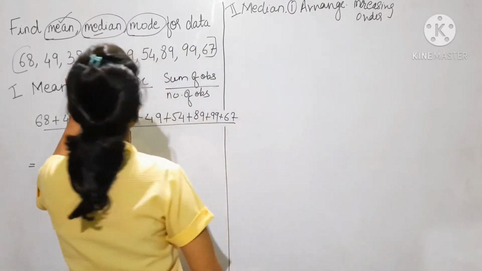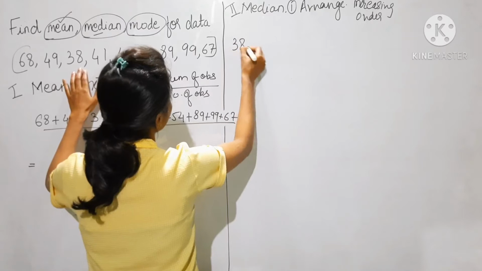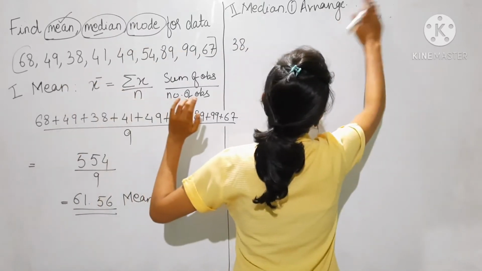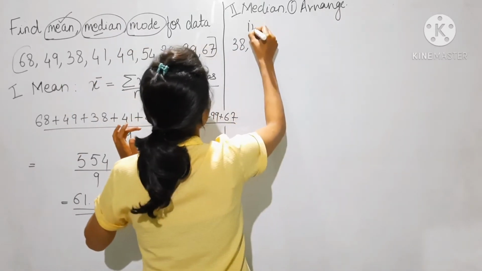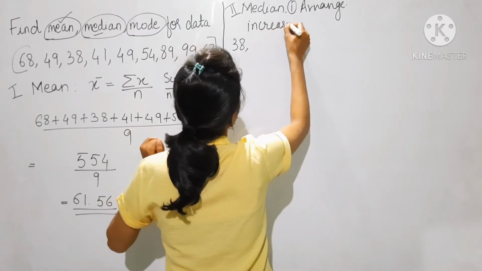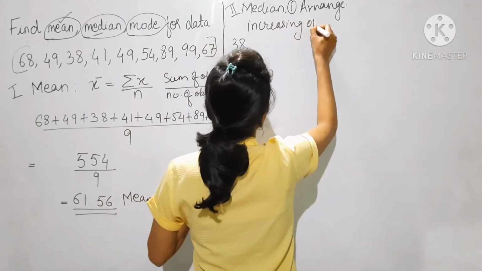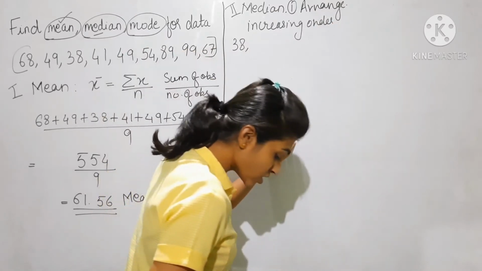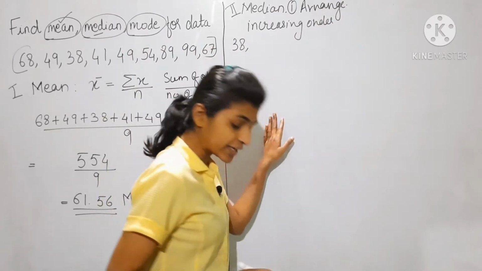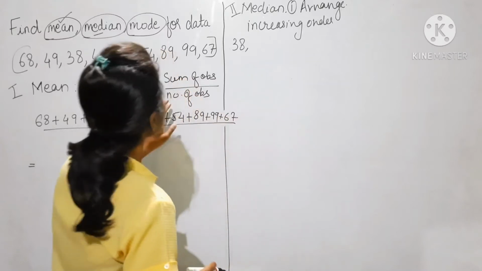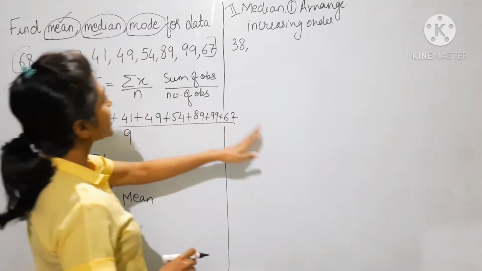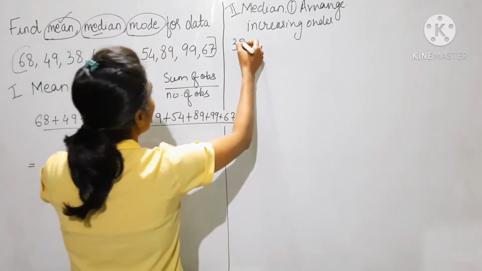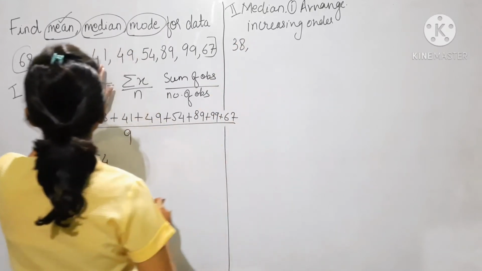The smallest number is 38. I already explained this in my last lecture; do watch that video, you will find the link in the description box. I am arranging the data from smaller to bigger number.